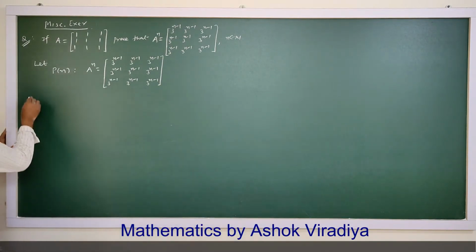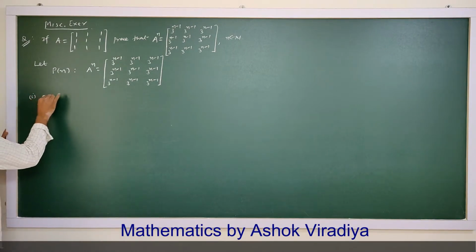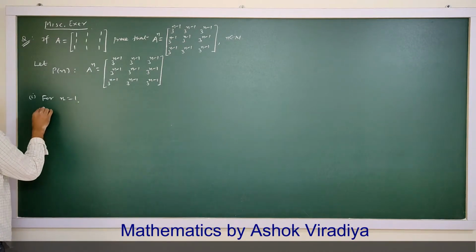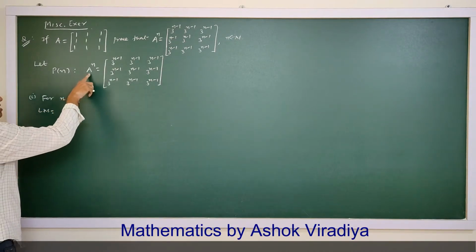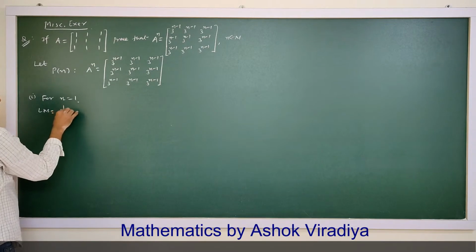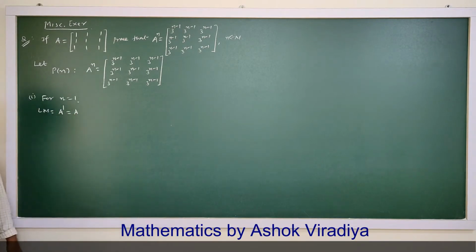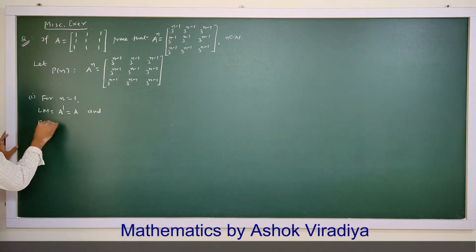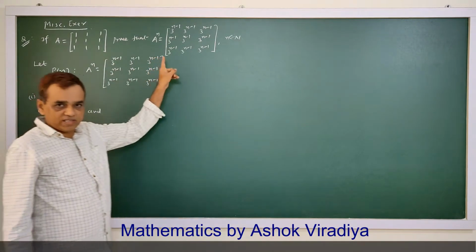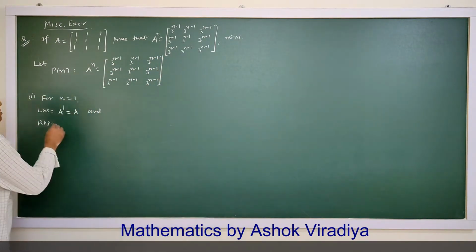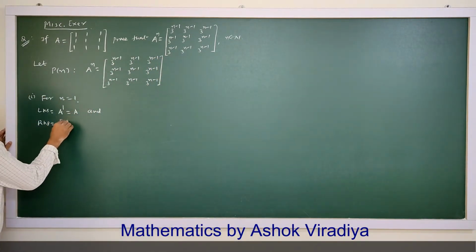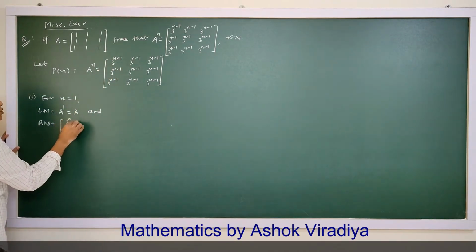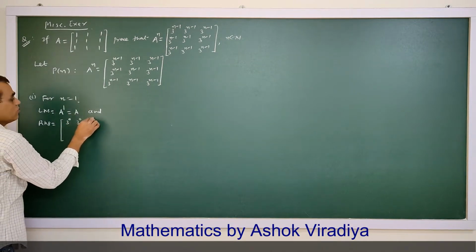Now for n equal to 1, the left hand side is A raised to 1, that is A, and the right hand side, putting n equal to 1, is 3 raised to 1 minus 1, which is 0, so 3 raised to 0.